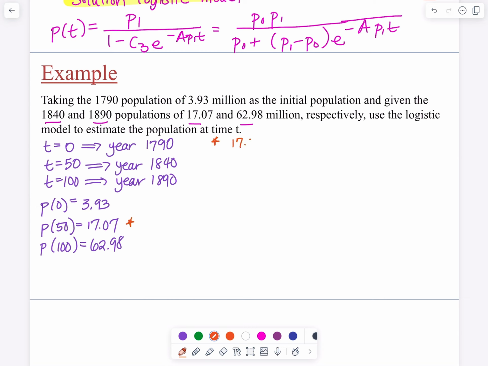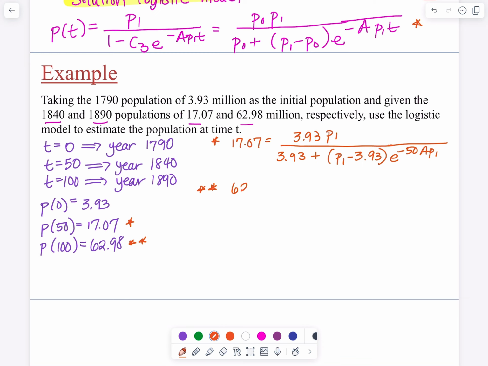So using that data, we can now say here that 17.07 is equal to 3.93 multiplied by P1, so we're using this equation right here, divided by 3.93 plus P1 minus 3.93 multiplied by e to the opposite of A P1 times 50. Okay, now we're going to do the same thing here.